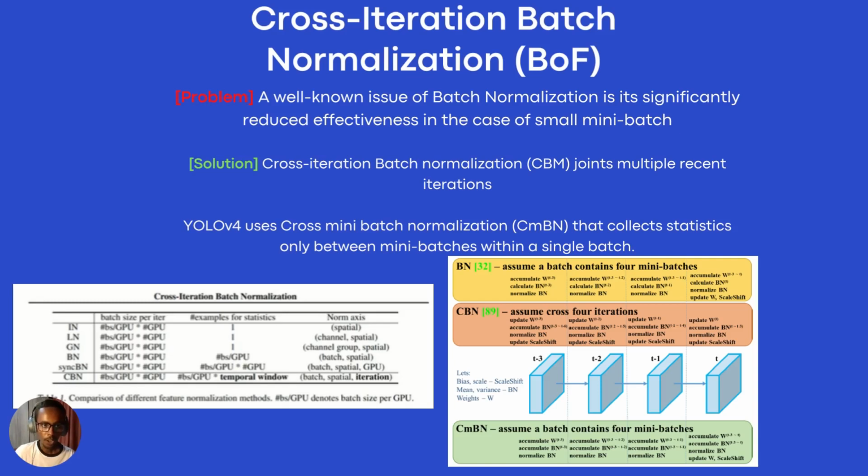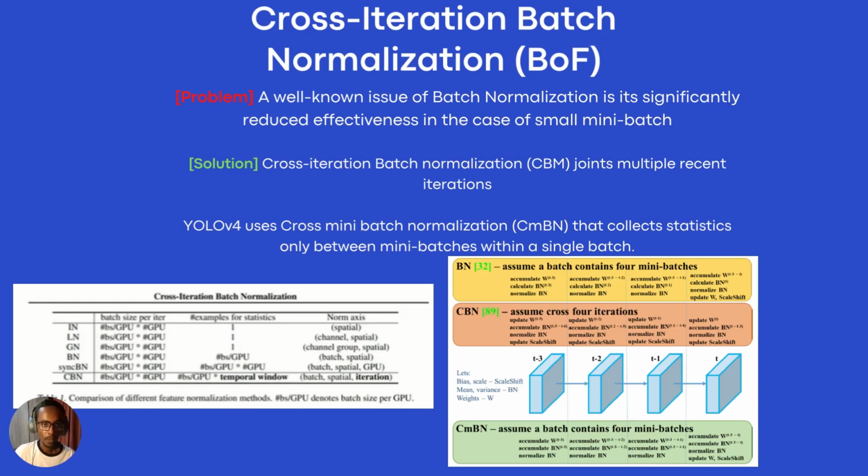And if you use a larger batch number, then you will get a better performance. But batch normalization's performance significantly reduces when you reduce that mini batch size. So, for example, if you use 32 as a mini batch size, you'll get a good performance. But if you change it to maybe 4 images per batch, then that performance will be significantly reduced.